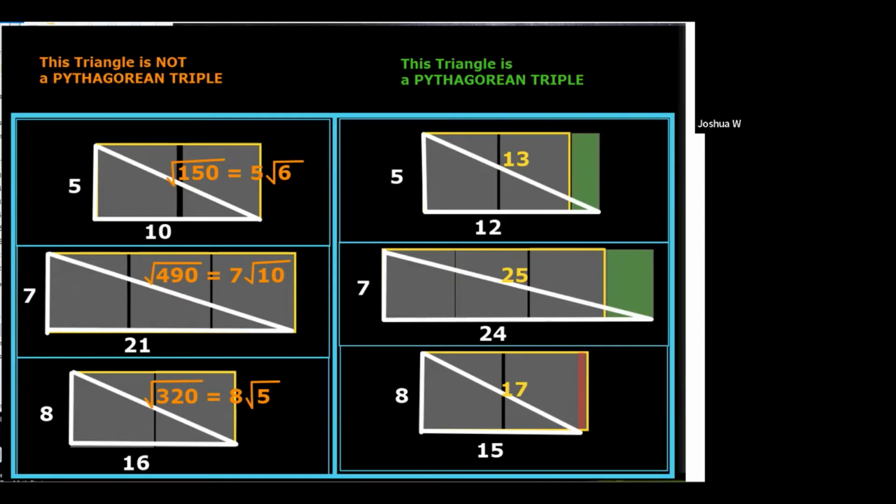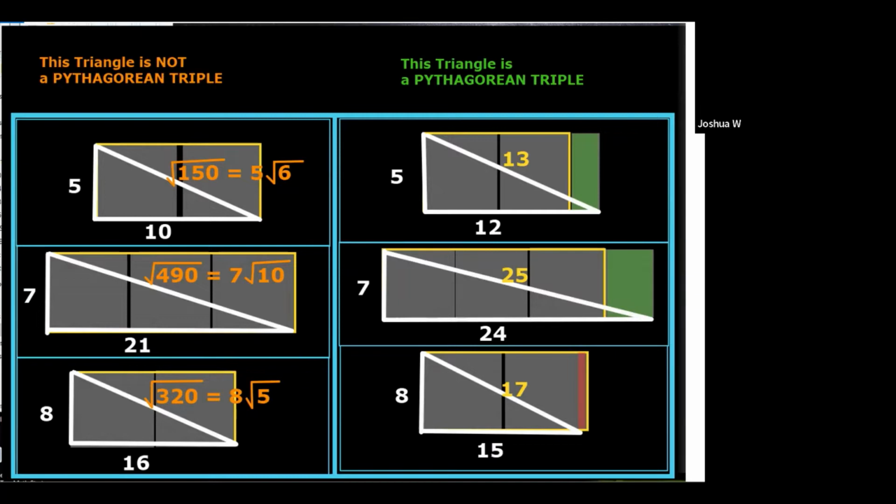Similarly, if the side length is 7 and the base is 21, the hypotenuse is the square root of 490, which again is not a perfect square, although we can simplify it to 7 square root 10. And for the third example, the 8 by 16, we can see that the hypotenuse is the square root of 320, which again is not a perfect square, but that's equivalent to 8 square root 5.